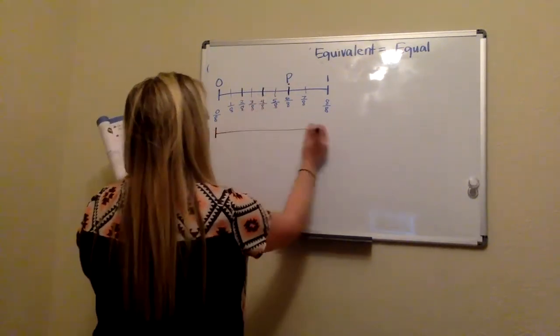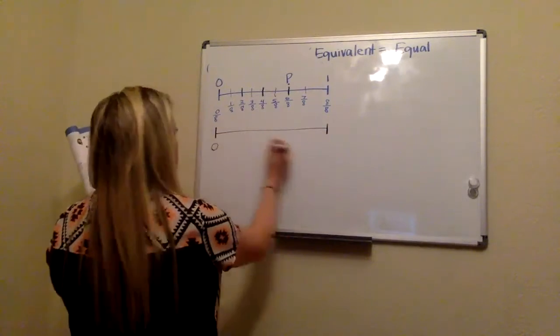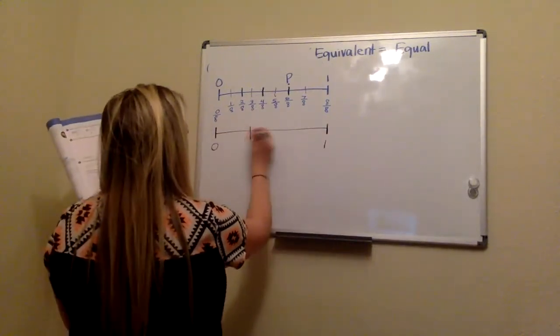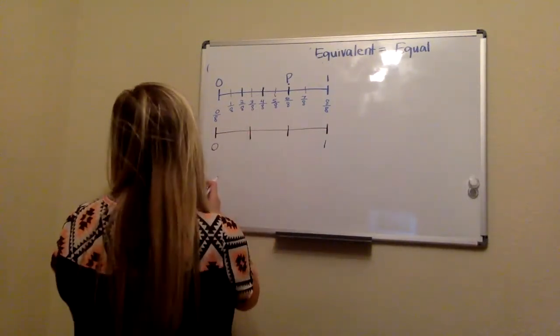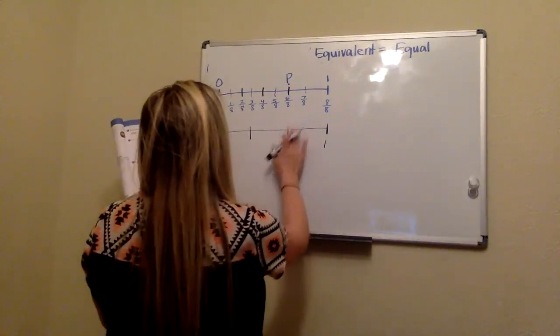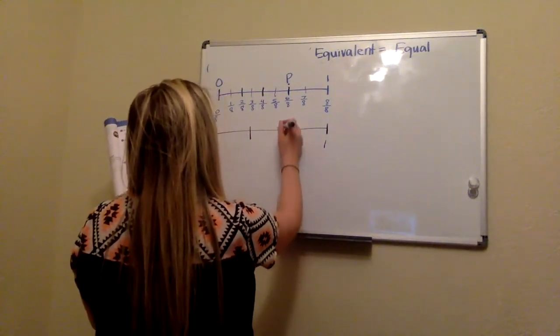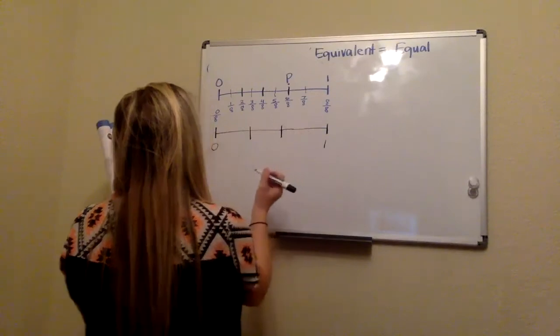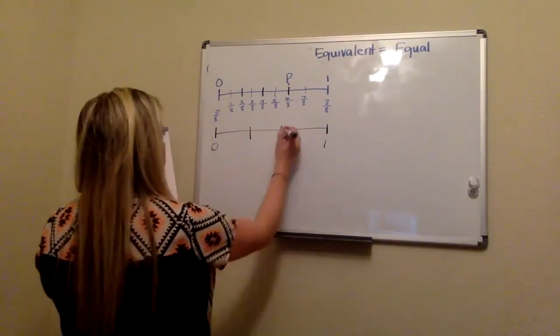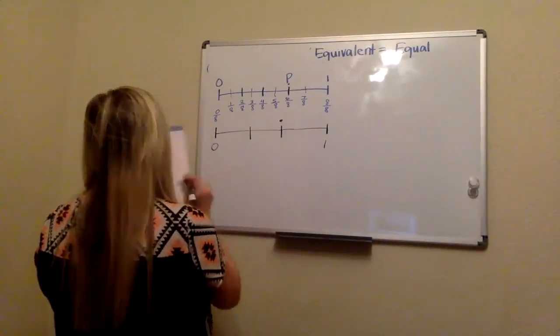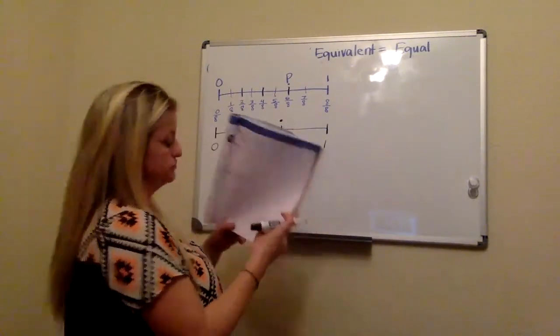So I'll do it down here. 0 and 1, and we have 2 lines. Okay, and then the dot is here. So that one would be a no.